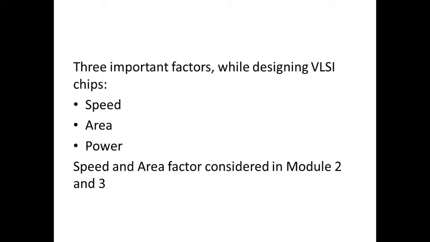Out of these three factors, speed and area we have somehow completed in module number 2. When you learn about static logic, the number of transistors required will be twice n, where n is the number of inputs. Then, to reduce the number of transistors required for designing any CMOS circuit, you learn about C-square CMOS or clocked CMOS, then dynamic CMOS, and various other design styles.